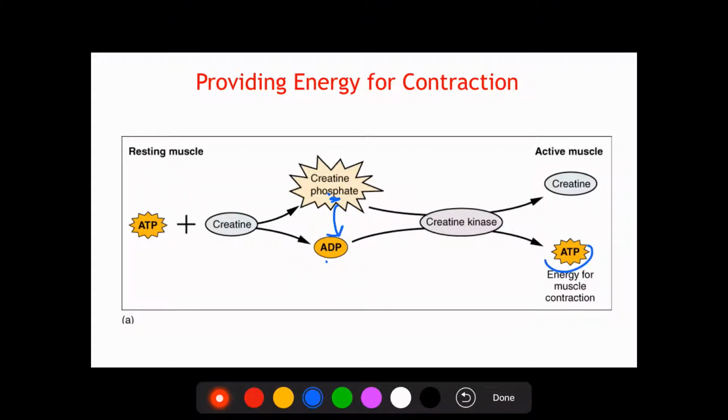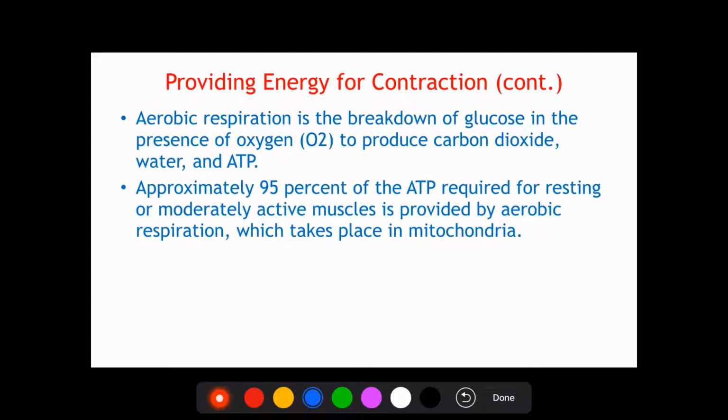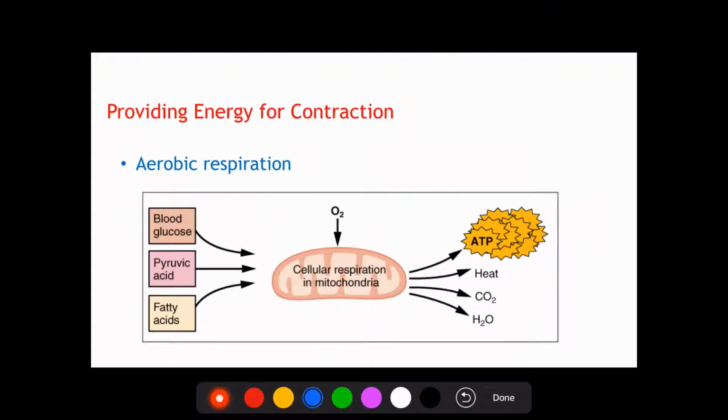So this is the first mechanism. The second mechanism would be the aerobic respiration. The main thing about aerobic respiration is that it requires oxygen. If there is oxygen, then it is aerobic respiration.